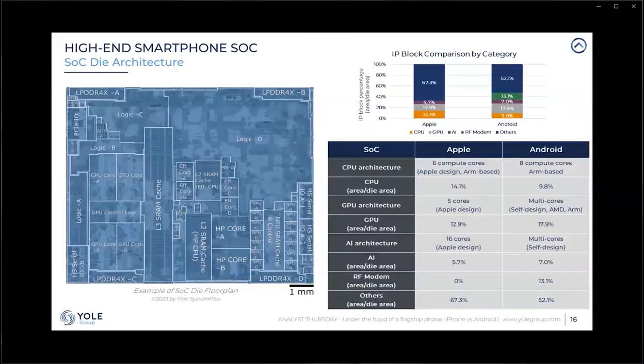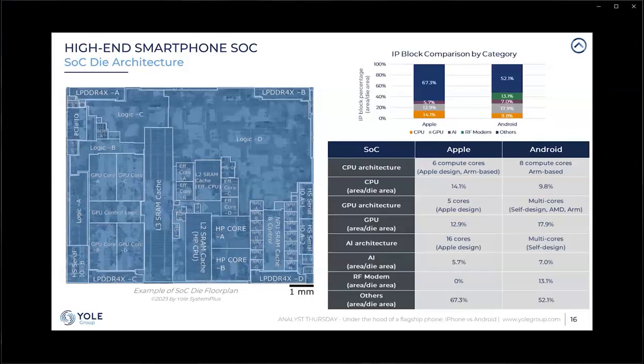So another very interesting battlefield is the IP design for the SoC die. Here is an example of our floor plan analysis. The basic SoC design includes CPU, GPU, SRAM cache, and several I/O channels. Concerning the CPU architecture, Apple always designs on their own with ARM-based architecture.